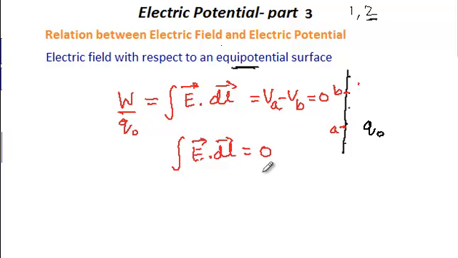Now what we are going to do is prove something by contradiction. We want to prove that the electric field is always perpendicular to the equipotential surface. Say this is an equipotential surface.